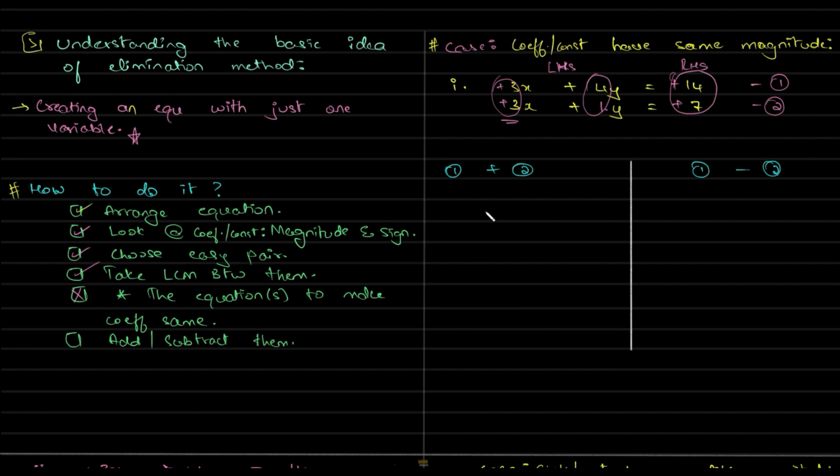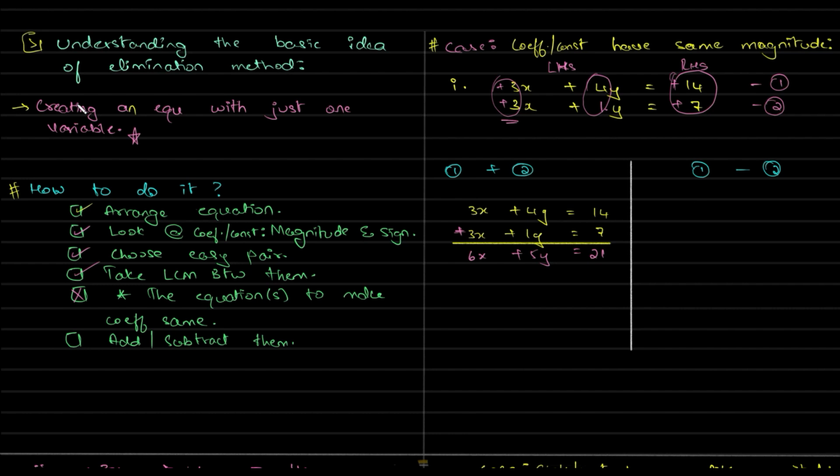So now we are looking at 3x plus 4y equal to 14, and 3x plus 1y equal to 7. Now, if I add them, adding is a process wherein we're not changing any sign. So plus and plus, we have 6x plus 5y is equal to 21.